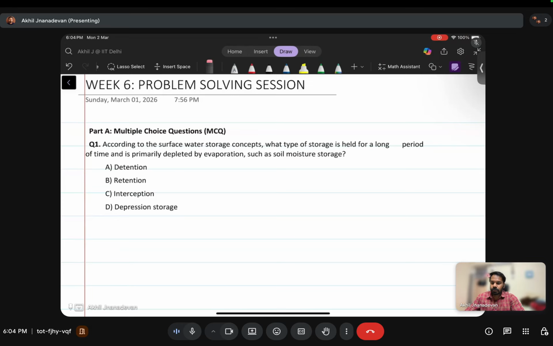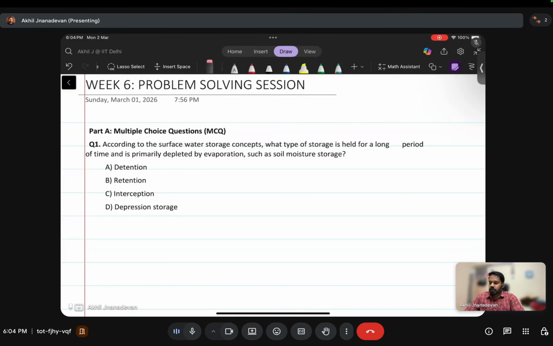And the remaining water, after satisfying the evaporation and the infiltration demand, and once the ponding starts, that is, ponding also we saw in the previous lecture, when the soil gets saturated, the water starts ponding, and this ponded water starts flowing. So this particular flow of water on the Earth's surface is called surface water flow. So in this particular section, we will be focusing on surface water flow, right?